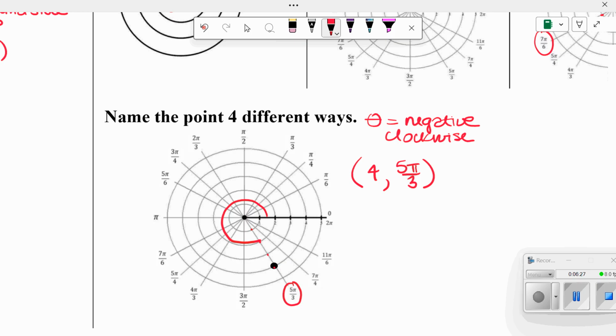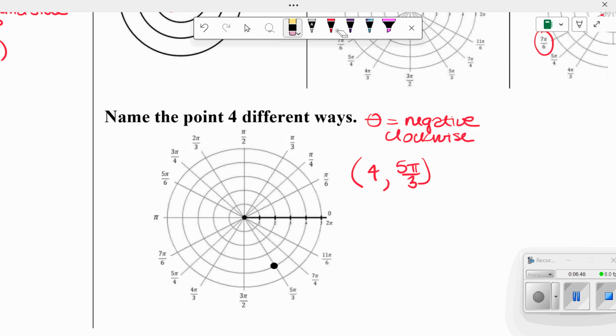All right, what if I wanted to keep R positive again? So let's say I still wanted to keep R positive. But this time, the way that I need to keep it positive would be for me to go a different direction.